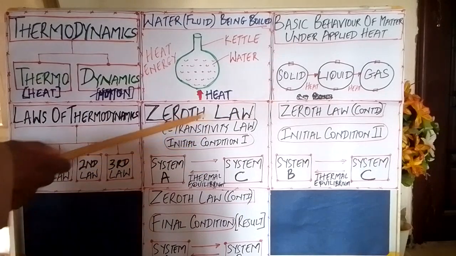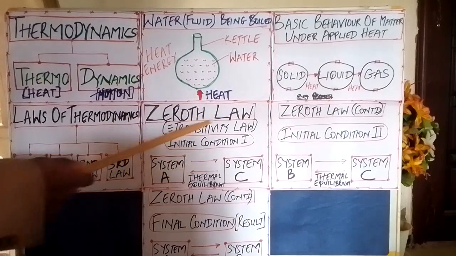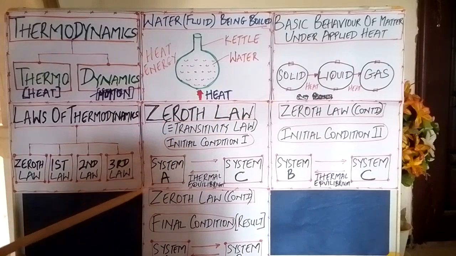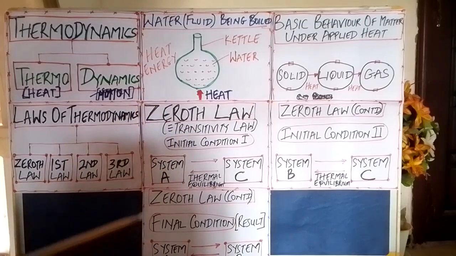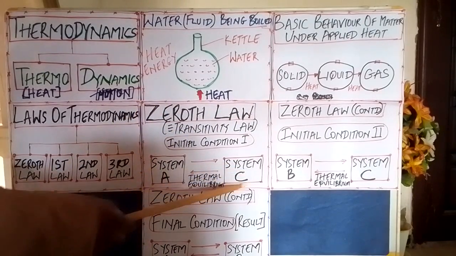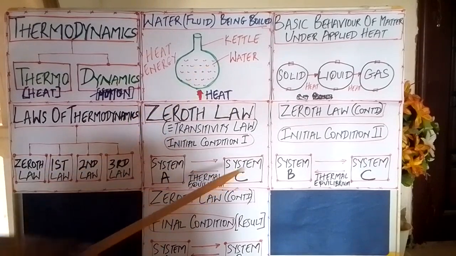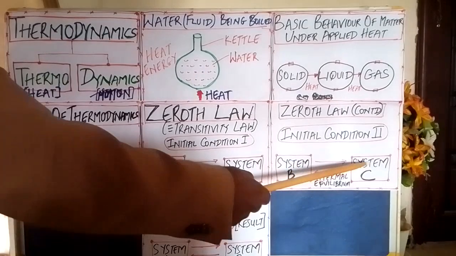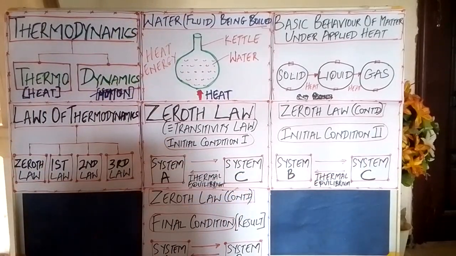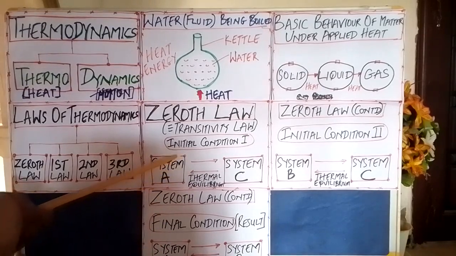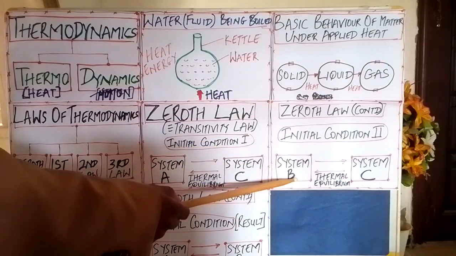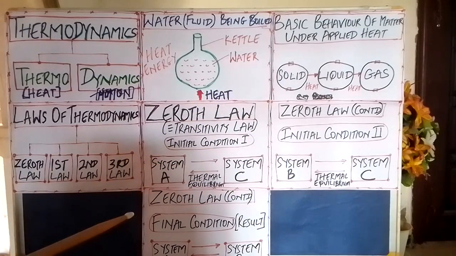But actually, it's the transitive law that we want to explain, that the result of the Zeroth law gives a transitive relation. So system A is in thermal equilibrium with system C, and system C is in thermal equilibrium with system B. Then what Zeroth law essentially says is that your system A must necessarily be in thermal equilibrium with system B. Okay?